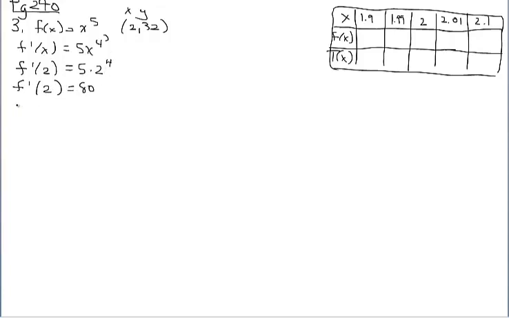So writing the equation of the tangent line using point slope, and I am going to go ahead and solve it for y. I'm going to leave it in this factored form though. I'm not going to distribute the 80. You'll see why. Okay. All right, so we've got the equation of the tangent line to the graph at (2, 32).